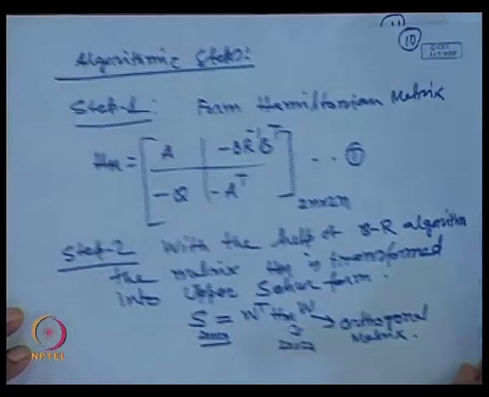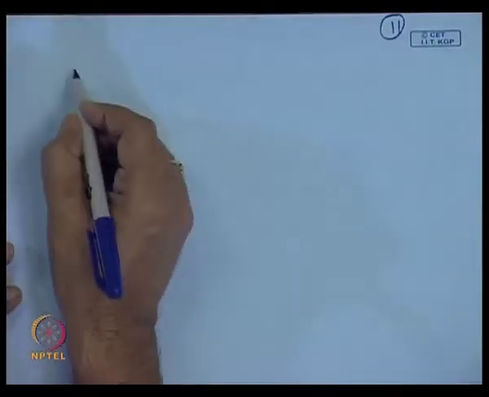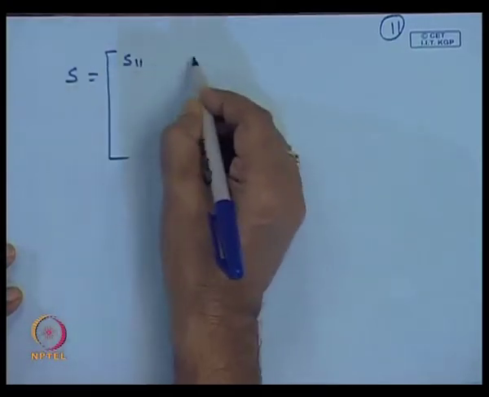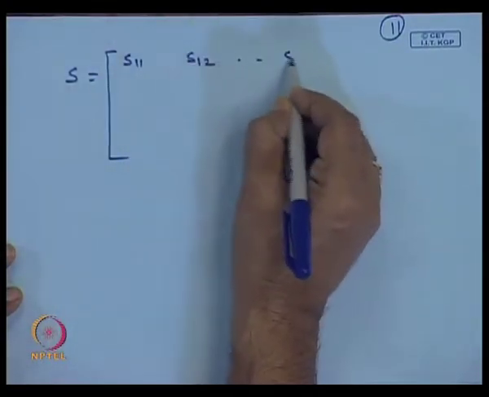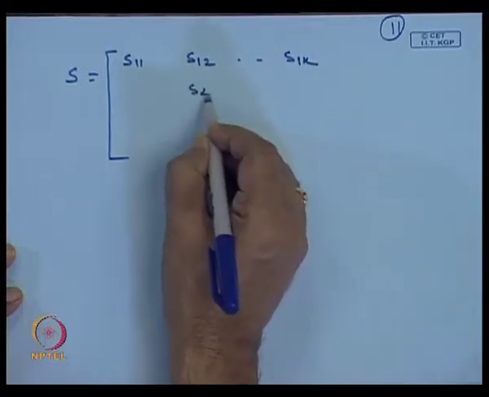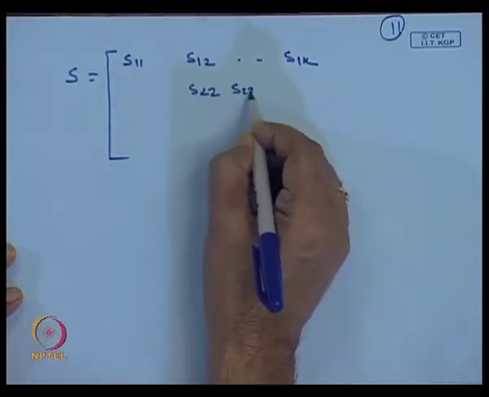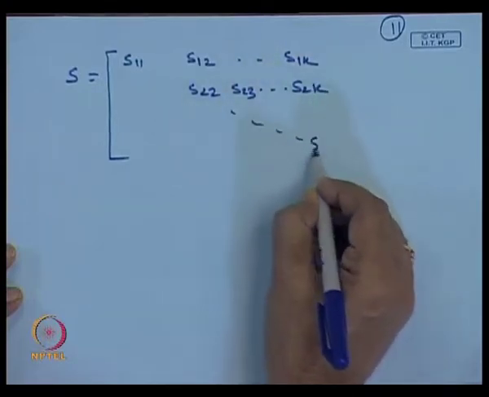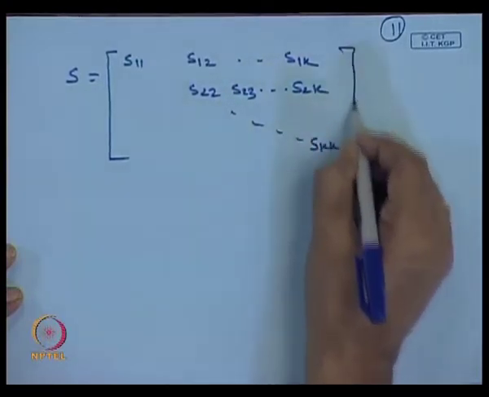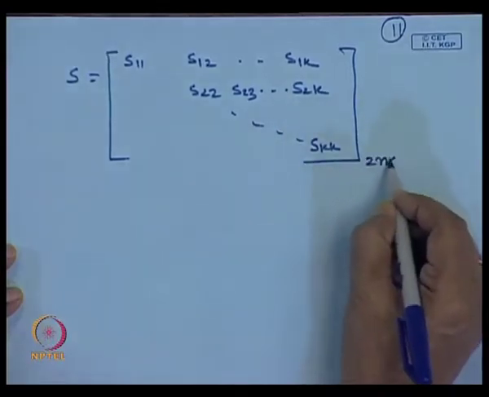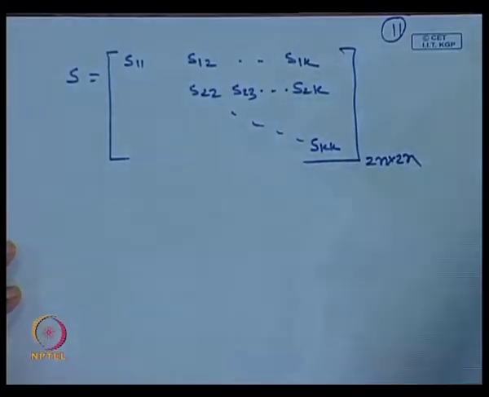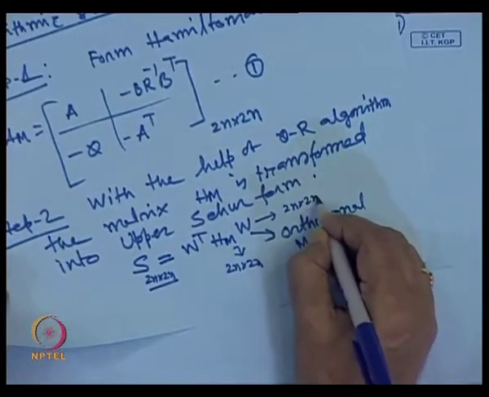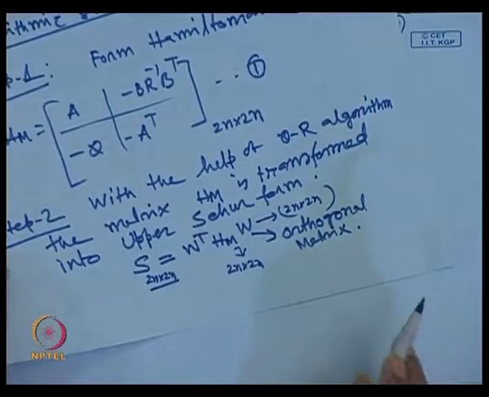Agree? So, the structure of S is S 11, S 12, up to S 1k, then S 22, S 23, up to S 2k, and in this way going on to S kk. This whole matrix has dimension 2n cross 2n.